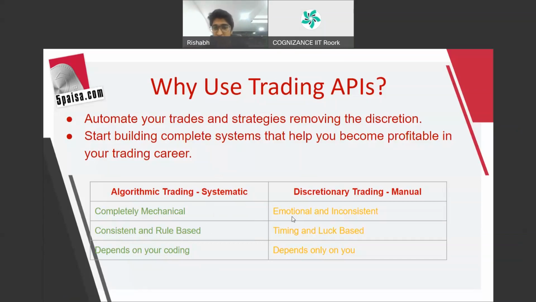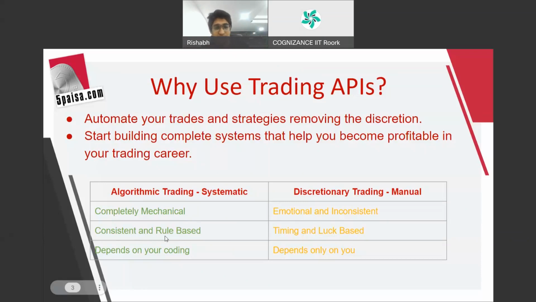So, all the points, right? The negative points of discretionary trading is that you have to be emotional and it is inconsistent. If you have a good day, maybe you'll want to take a trade. It's not a very rigid thing, it's something that flows with emotions. But this is completely rule based: I want to buy if the price is here, else I don't want to buy, and I can code it and it will do that for me if the condition comes.